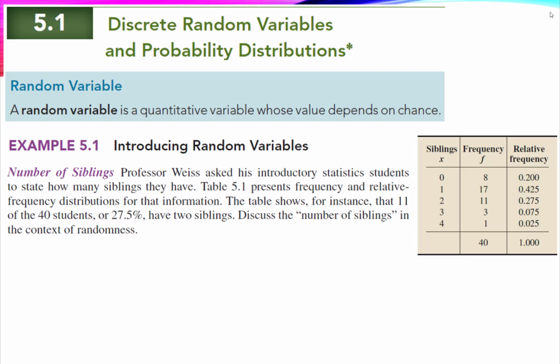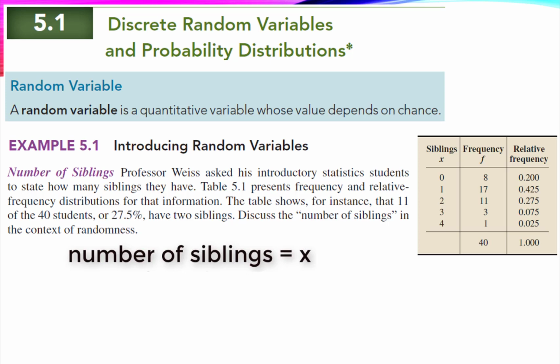A random variable is a quantitative variable whose value depends on chance. Because the number of siblings varies from student to student, we're going to call it x. It's a variable. If we choose to select a student at random, then the number will become a random variable.